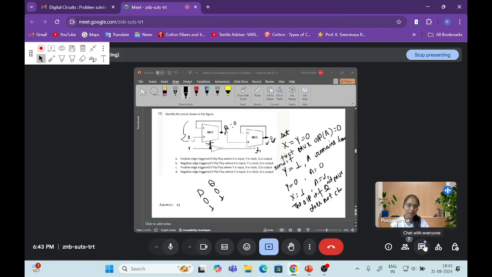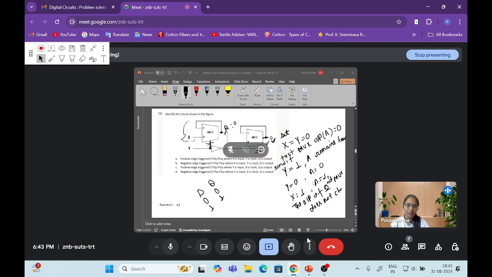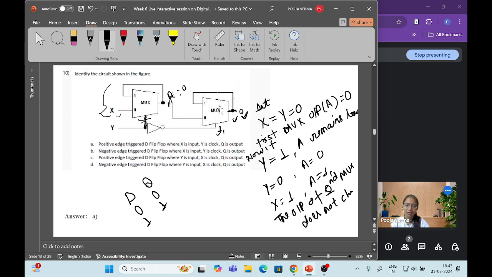So from here we can see that the output of this is following the input. That's why it is called a D flip-flop, and it changes when the clock is moving from 0 to 1. So that's why it is called a positive edge triggered D flip-flop. Okay.